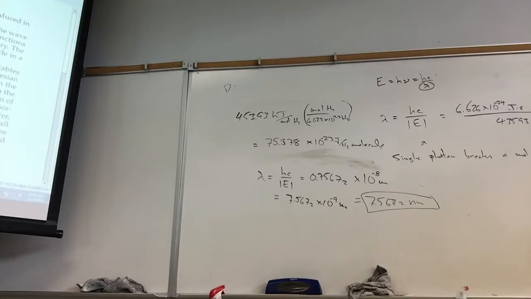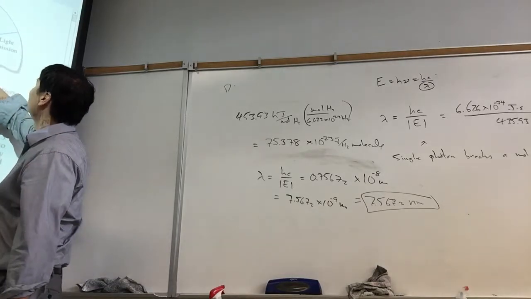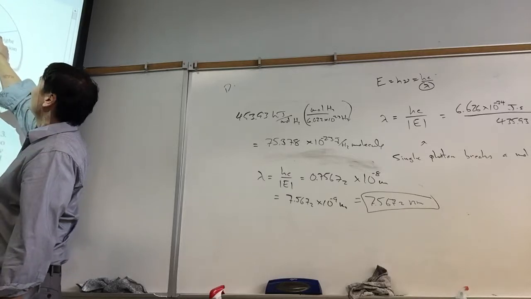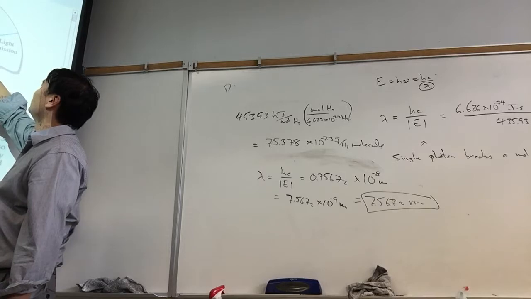All right, let's go back to this. And so the Bohr model, what was the problem with the Bohr model? The Bohr model has lots of nice diagrams right here. If we go from n equals 3 to n equals 2, if we have this transition, it emits red.